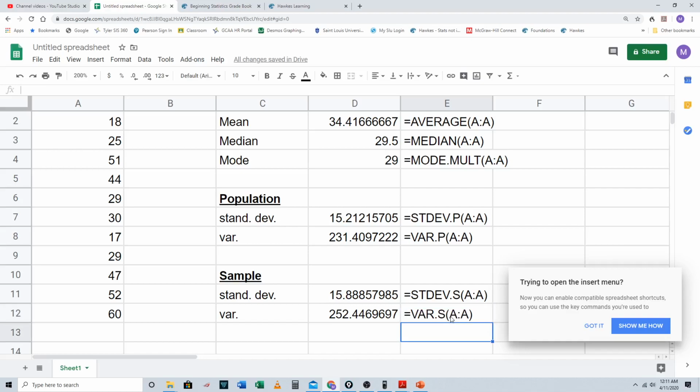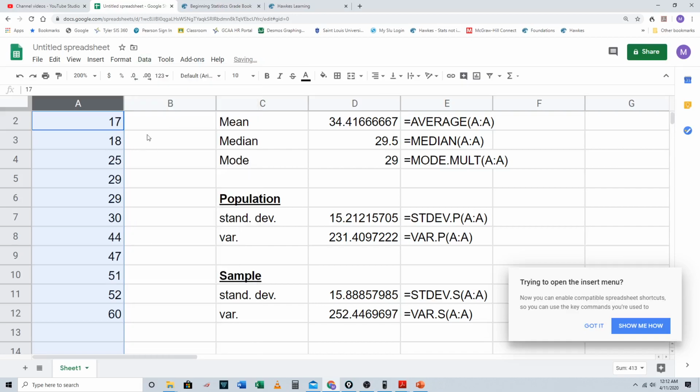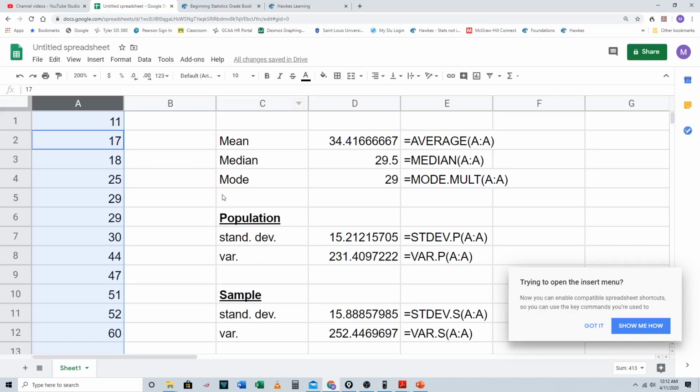Now if I wanted the range, I would definitely have to sort the data. I'm going to say sort range, because that's only going to sort my column. It's not going to sort the entire sheet like it did here. So you see how nothing else was shifted around?